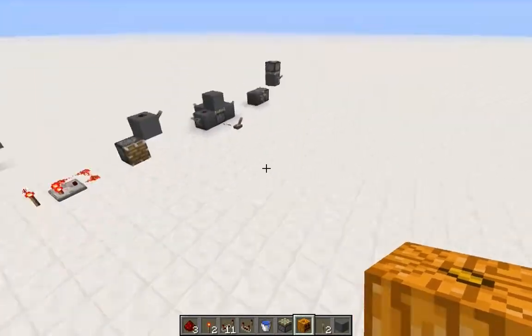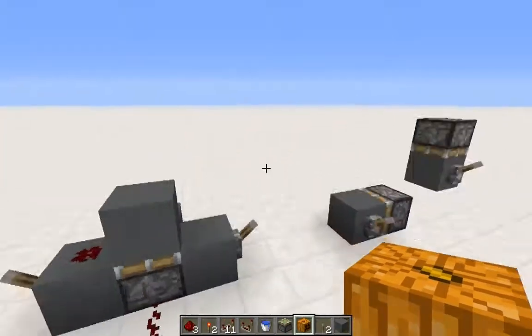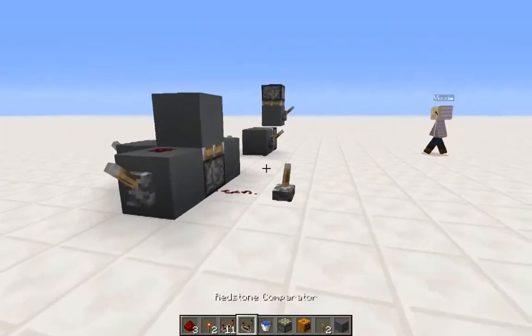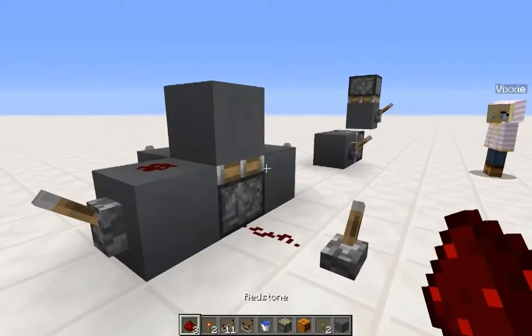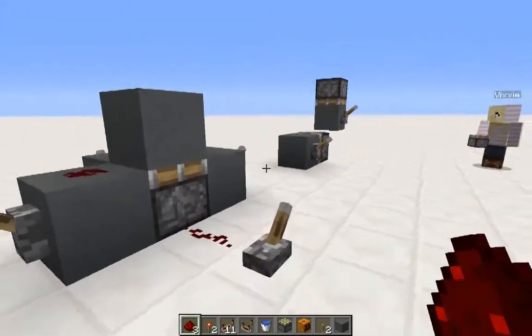So, as it said, we were going to start over here. We're going to be talking about pistons this time. What we have here is just a display on how you can and cannot power pistons.